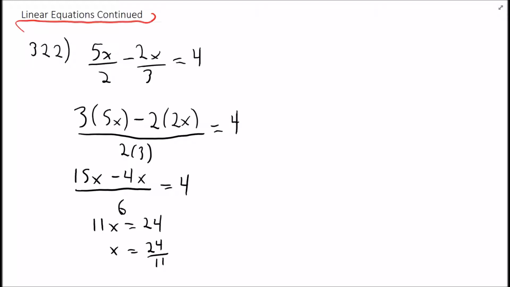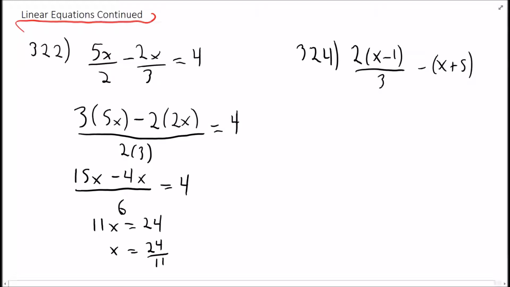I'm going to do number 324. So 2 bracket x minus 1 all divided by 3 minus bracket x plus 5 is equal to 7. So this time, that second thing, the x plus 5, doesn't have any denominator. It's not a fraction. But to combine those first two things on the left-hand side, I will multiply it by 3 to get it over 3.